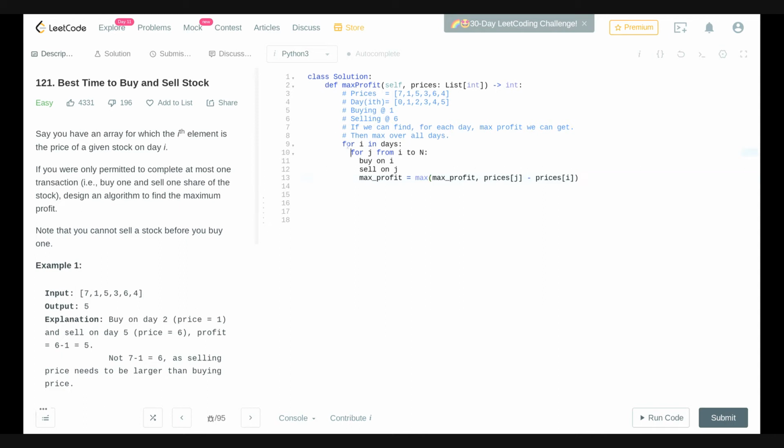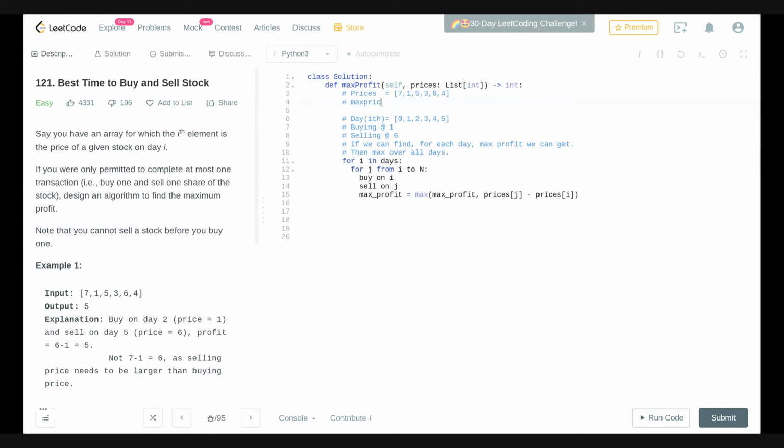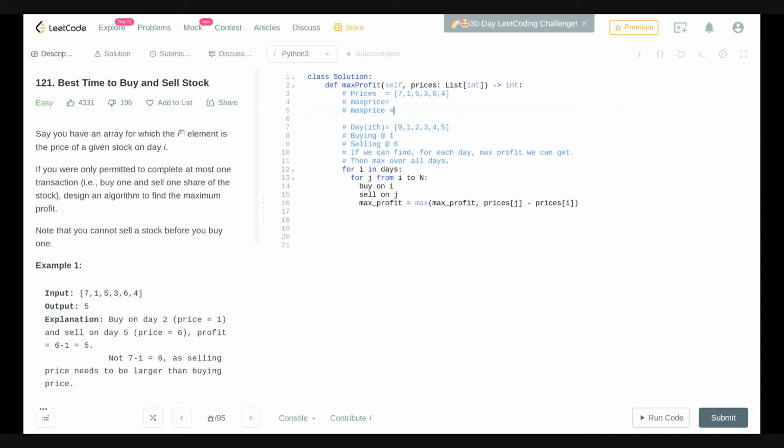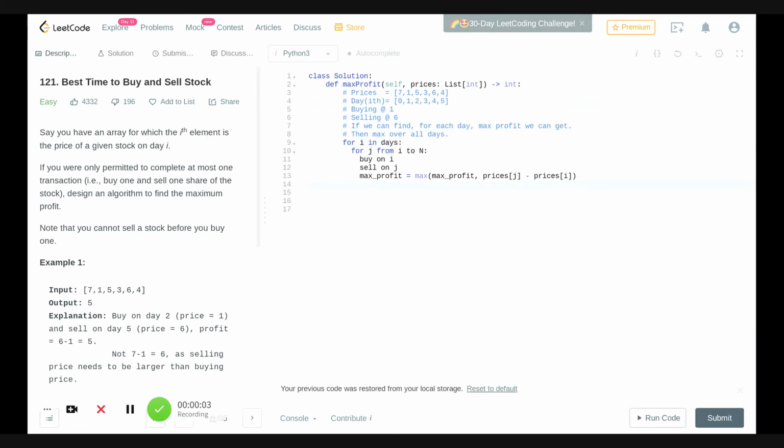But we can also store the maximum price since a particular day. So we can go in a reverse direction and form an array called max price, which will tell us the maximum price of the stock on or after day i.